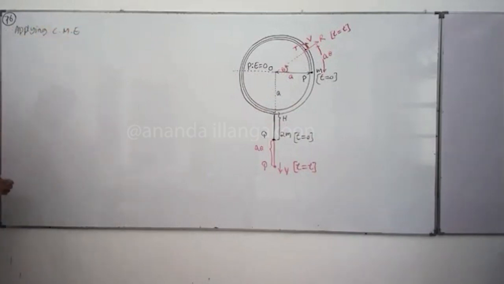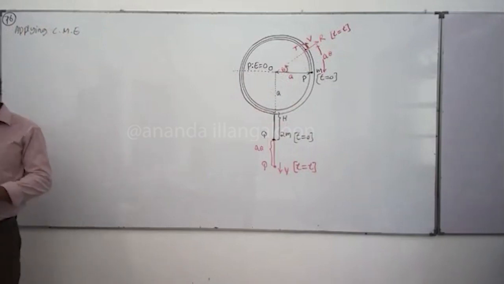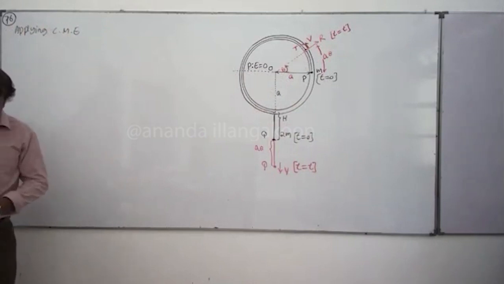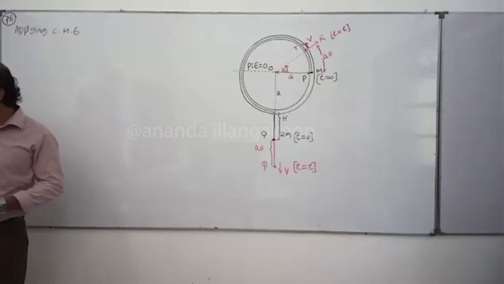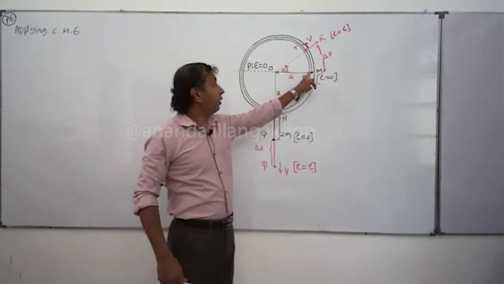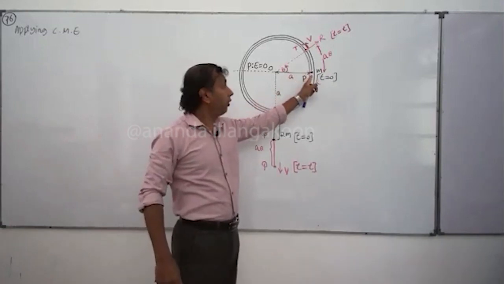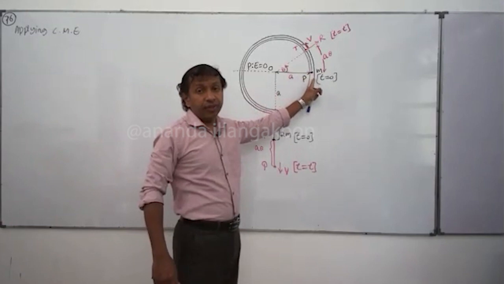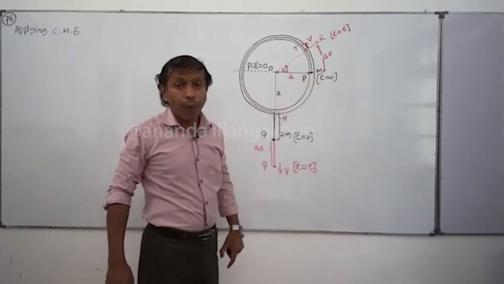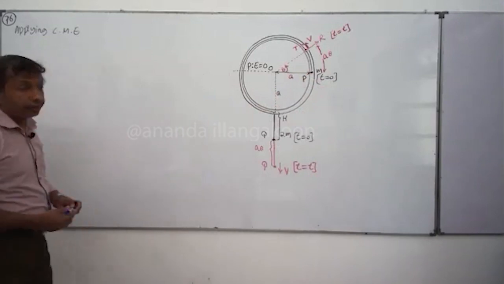Now we write the energy equation. At t equals 0, P is at the potential energy zero level, so no potential energy, and it is not moving, so no kinetic energy.